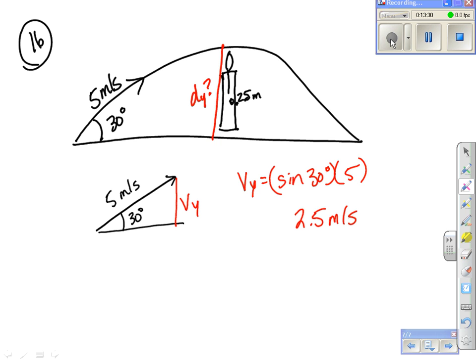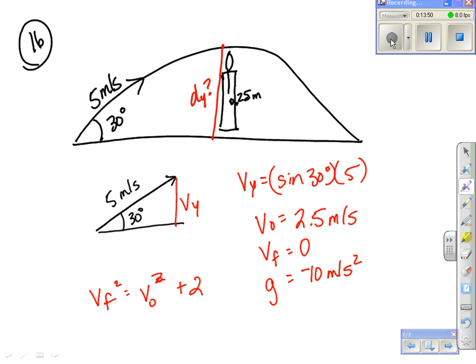Well, if that is our initial speed, and let's say our final speed is 0, and you can do this either direction, it doesn't matter, then gravity is a negative 10 meters per second squared. And we could do Vf squared equals V naught squared plus 2ad. If our final is 0, then 0 equals 2.5 squared plus 2 times a negative 10 d.